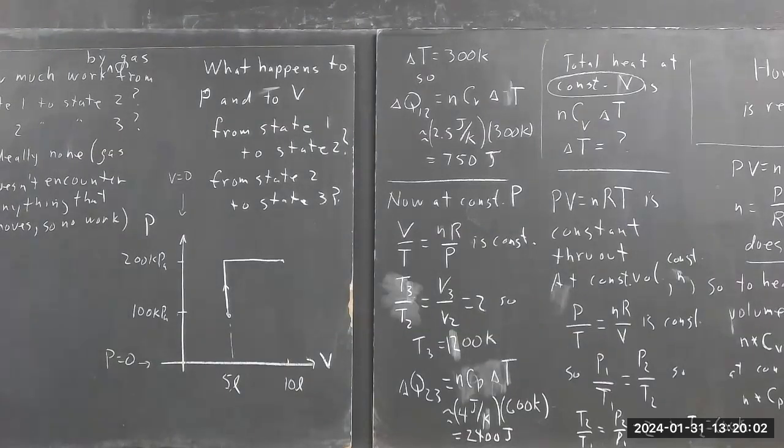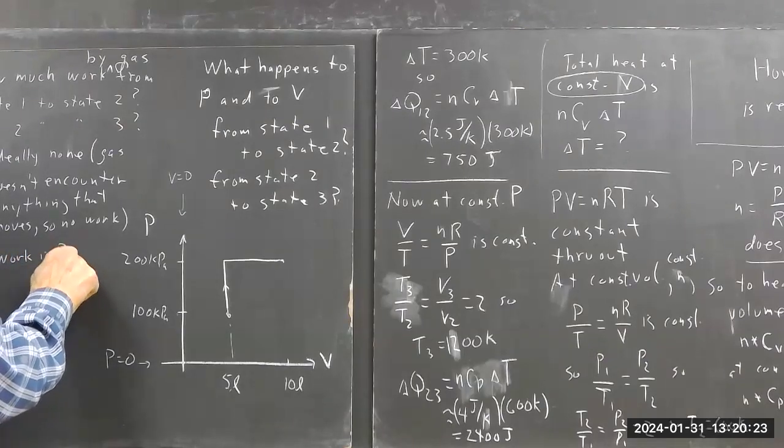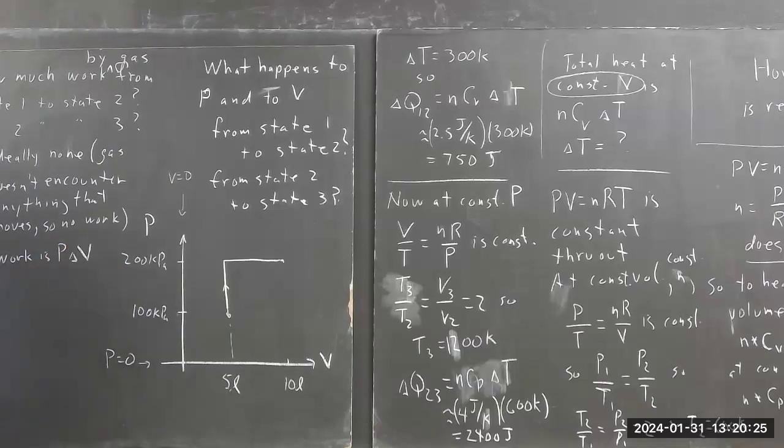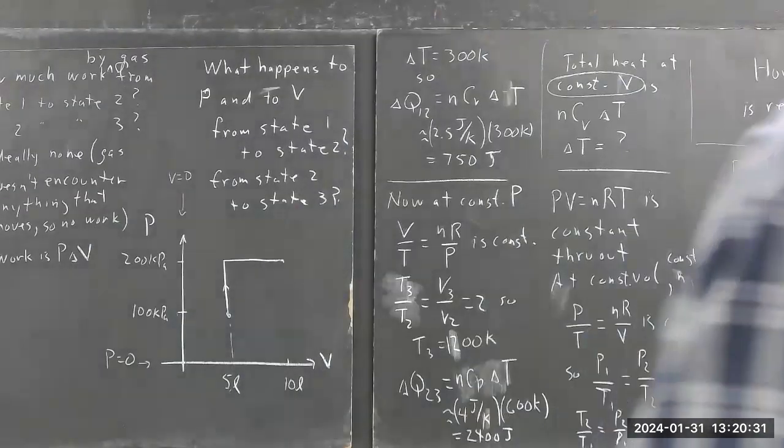From state two to state three, the gas does work. By a simple connection that I'll leave you to read about, work is just P delta V, the work done by the gas.